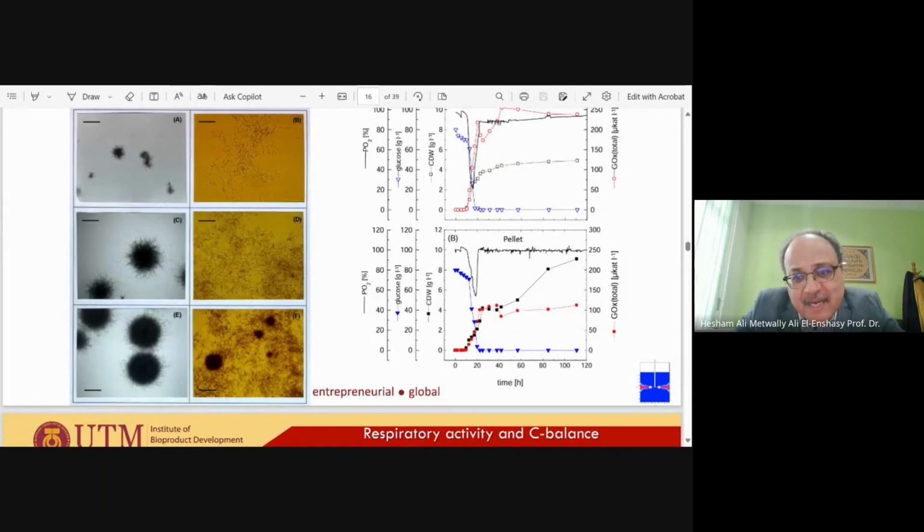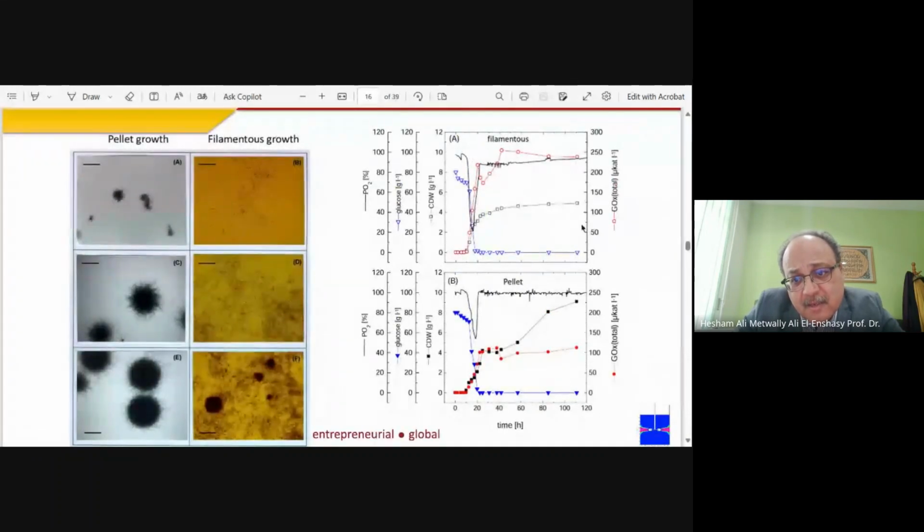It indicates that this is physiologically less active compared to the filamentous. And production here was also totally different. In the case of filamentous, I can reach about 250 microkatal, like here, but in the pellet formation, the production is very low, about 100 microkatal.